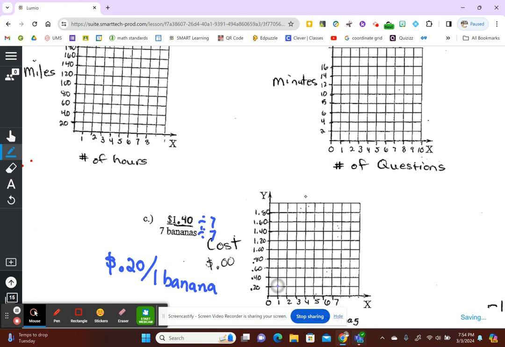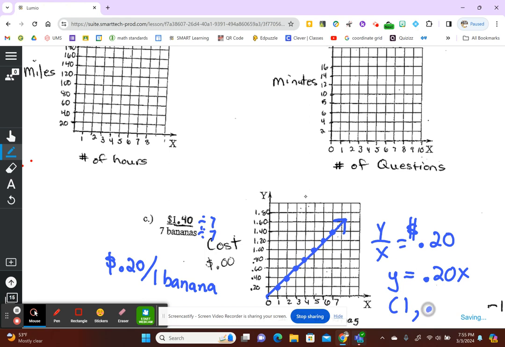So one banana is 20 cents, 2 bananas, 40 cents, 3 bananas, 60 cents, 4 bananas, 80 cents, 5 bananas, $1, 6 bananas, $1.20, and 7 bananas, $1.40. It's a straight line through the origin. Every time I put y over x, it equals 20 cents. So 20 cents is the constant of variation. My equation is y equals 0.20x, and my unit rate is 1, 0.20.